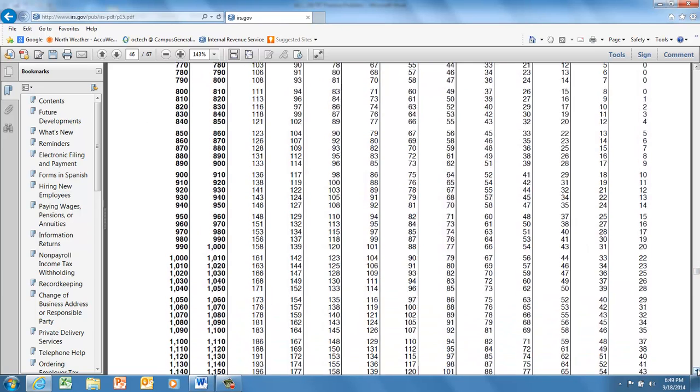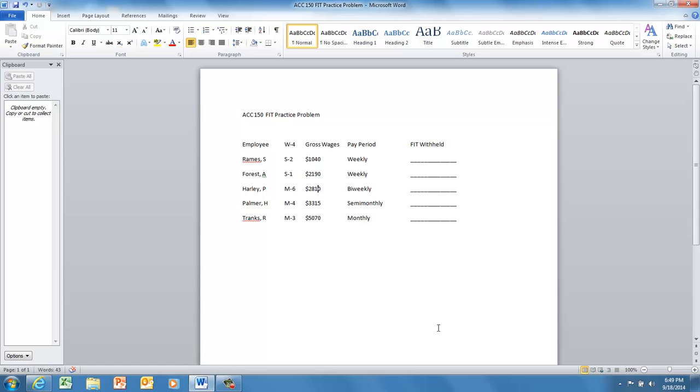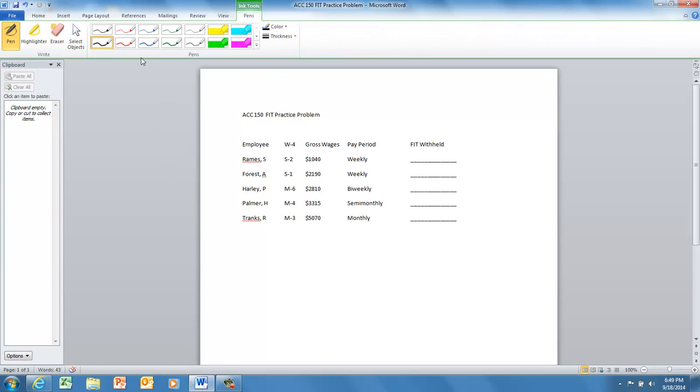When we get down to where it says 1,040 to 1,050, we decided we were using that row. We're going to go over to the 3rd column for 2 allowances, and that's $133. So I can go back to this problem, and the answer to that would be 133.